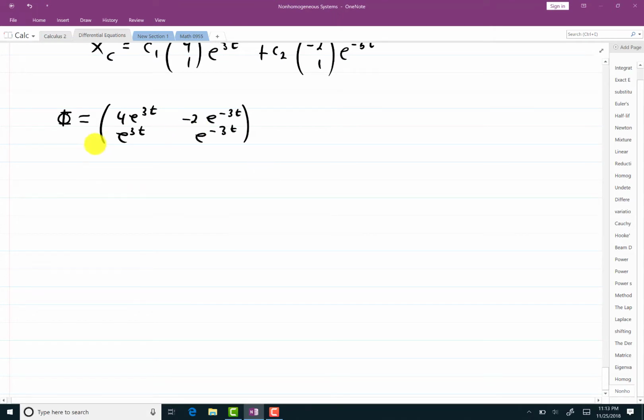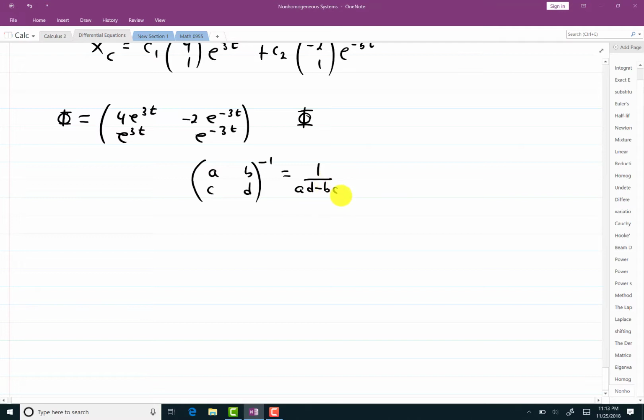Before I do anything else, I need to take the inverse of it. And it's probably not a bad idea just for you to write down how to get an inverse of a non-singular matrix like this one. But for this purpose, I'm going to put down a formula in here. To get the inverse of a matrix with those entries, you divide by the determinant of the matrix, so that's AD minus BC.